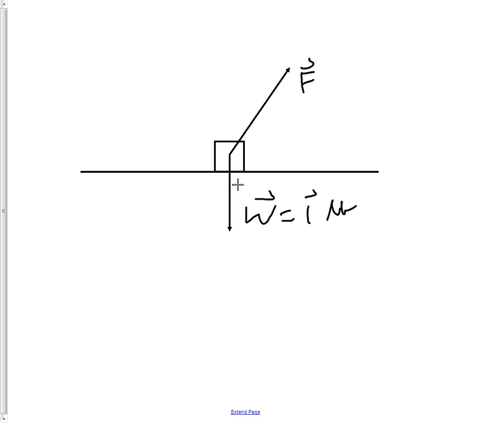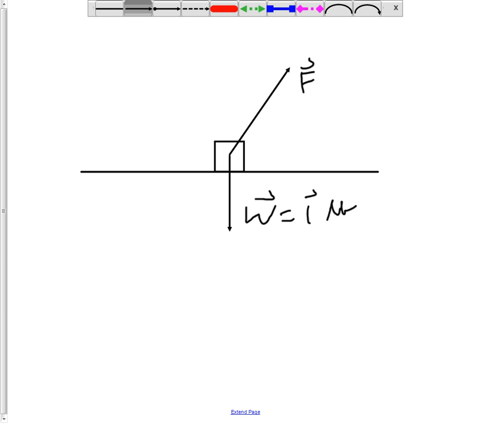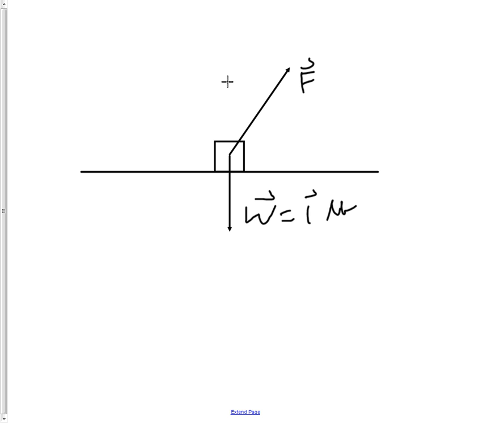Since this is a force that I know, I might as well align one of my coordinate axes with this force. So I'm going to draw a coordinate system which has a positive y-axis in this direction and a positive x direction like this.